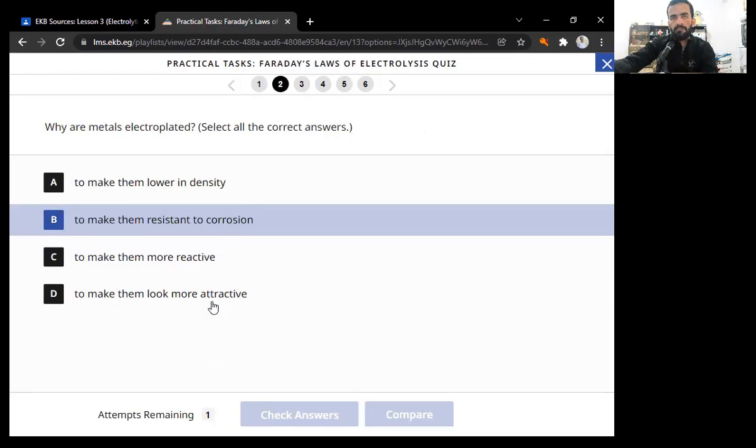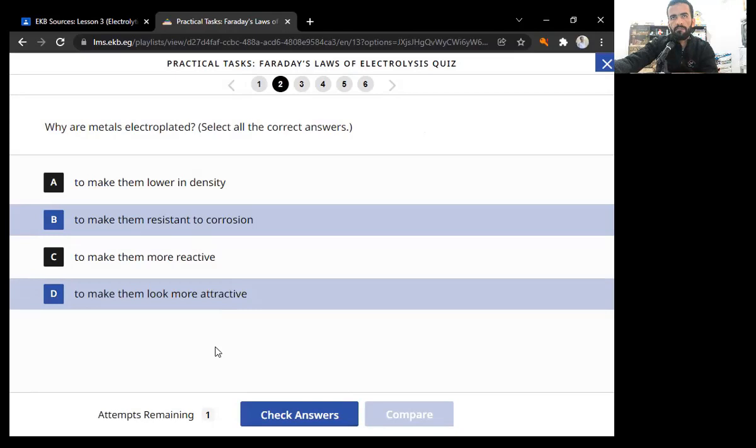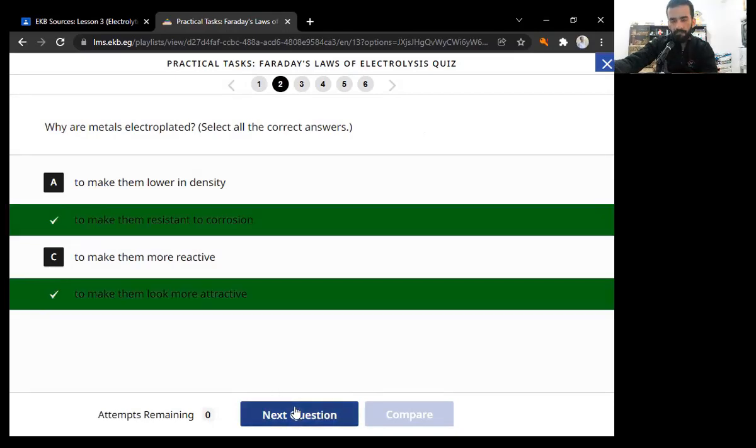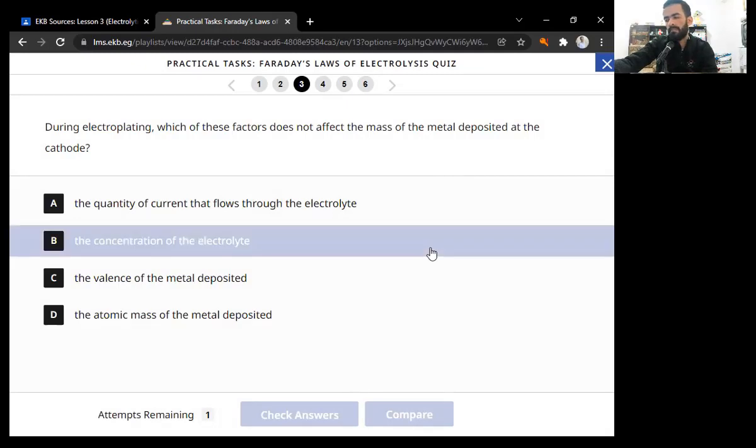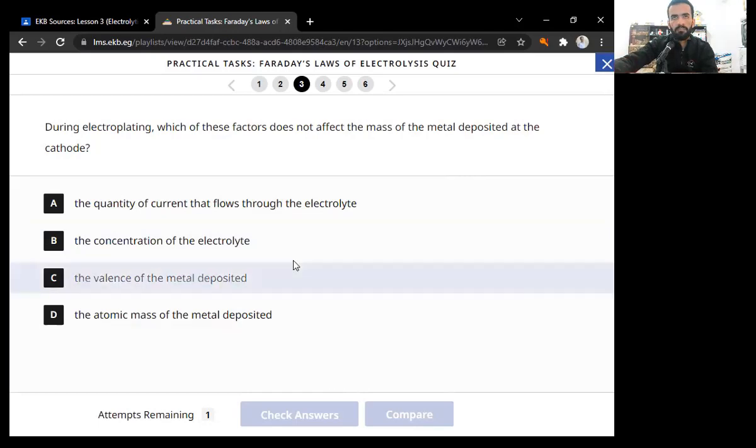Be more, look more attractive. Does not affect.